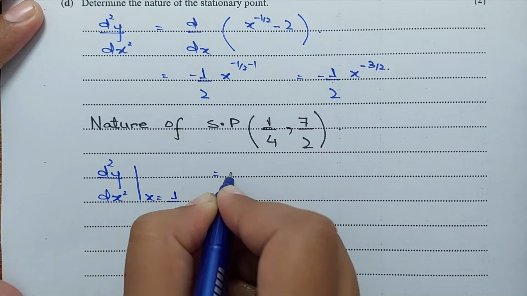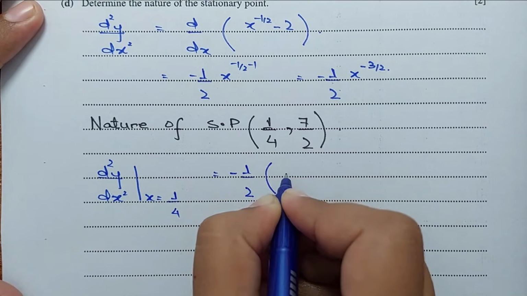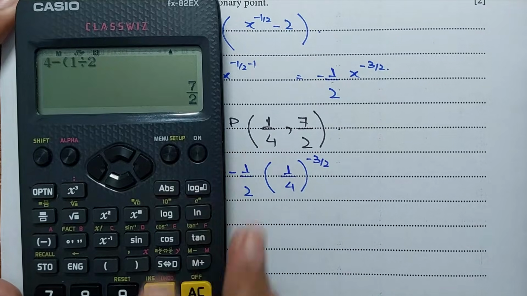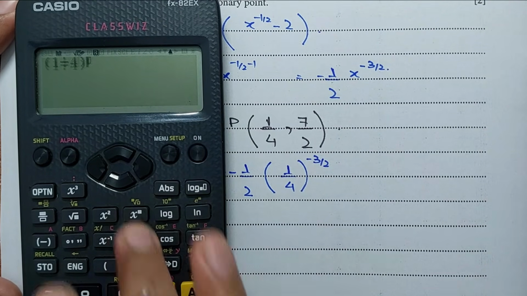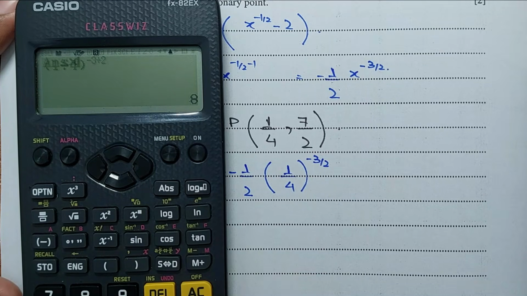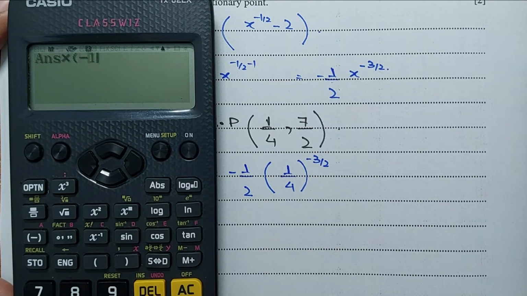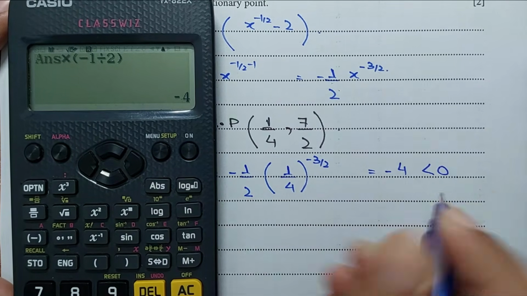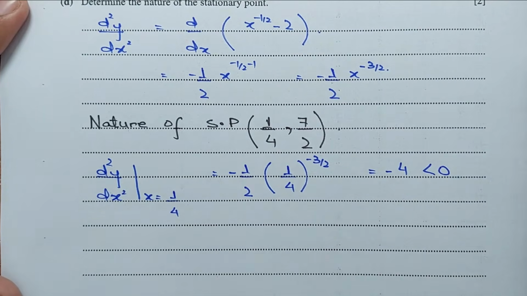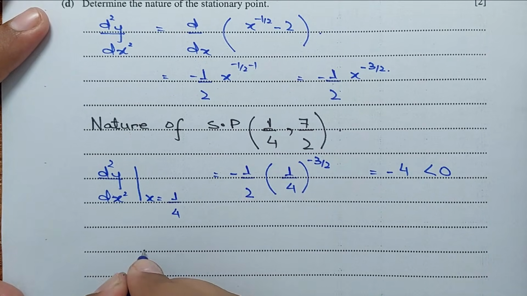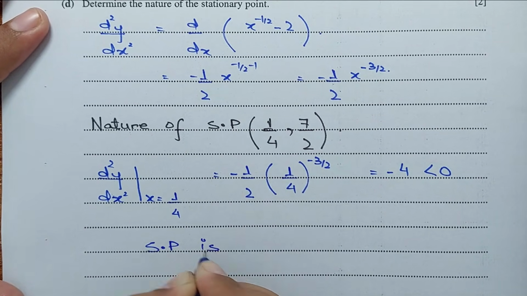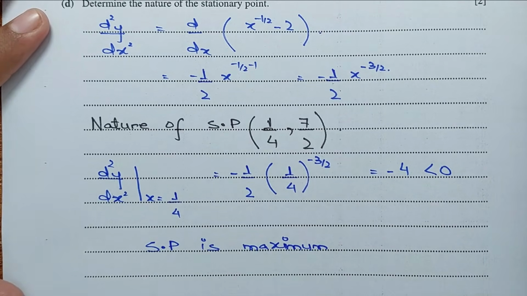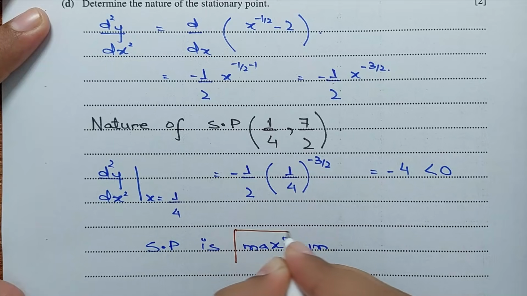Let me simplify, which is minus 1 over 2 times the x value, 1 over 4, to the power of minus 3 by 2. 1 by 4 to the power minus 3 by 2, multiplied by minus 1 divided by 2, gives negative 4. So this is less than 0. When the second derivative is negative, or less than 0, then we can say the stationary point is a maximum. The nature is maximum because the second derivative is negative.